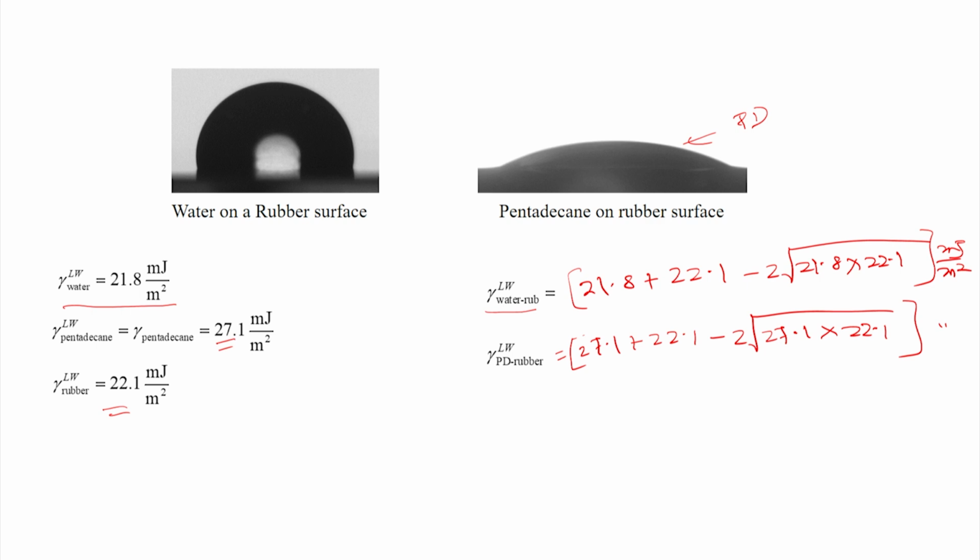So, we can find out this particular LW component of the interface like this. We can get some idea of what the interfacial energy will be by this kind of calculation.